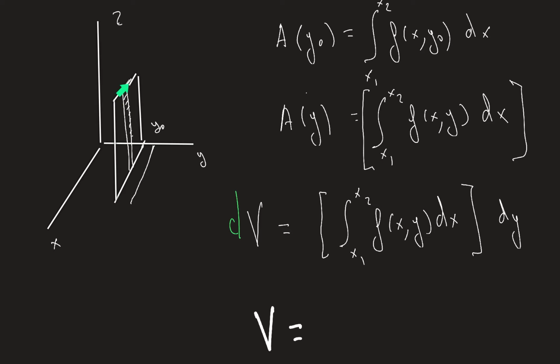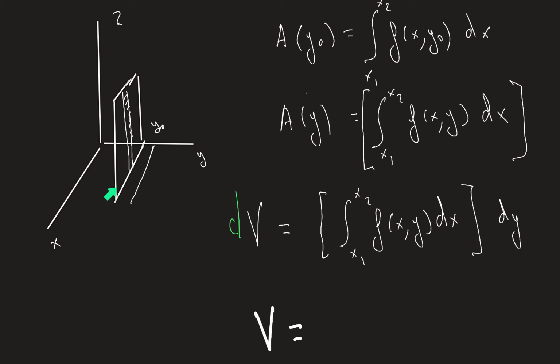So imagine that you have a function here. The value of the function, according to what I wrote, is f of x,y, and it is this height, the value of the function. So you have to imagine that there is a function here. So what happens if I decide to find the area that exists at the position y equal y0?